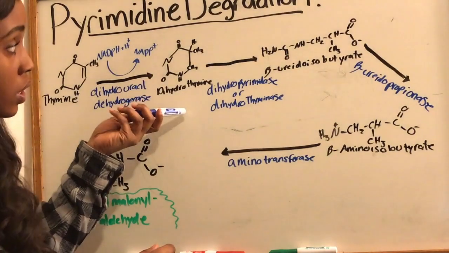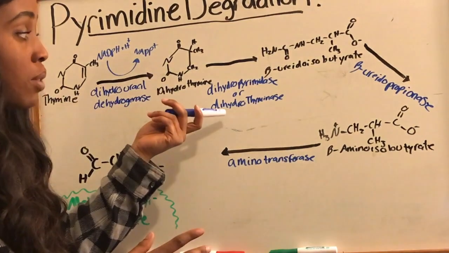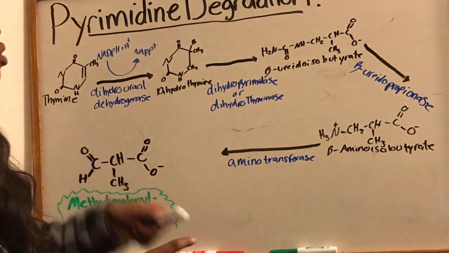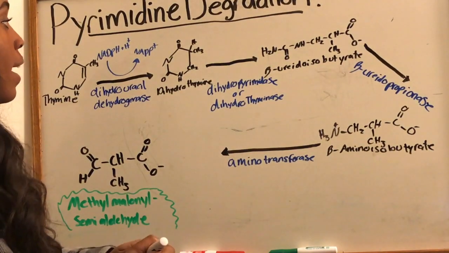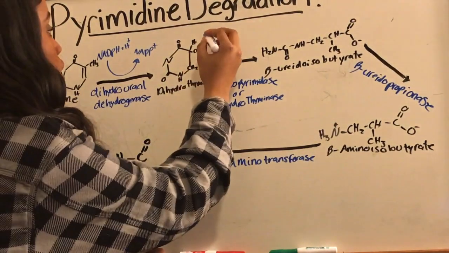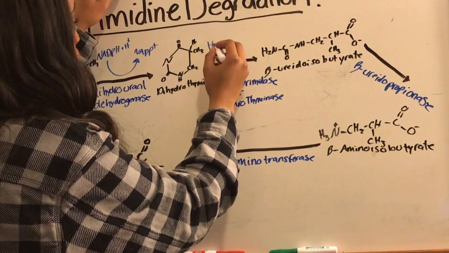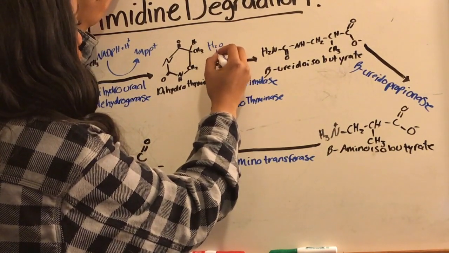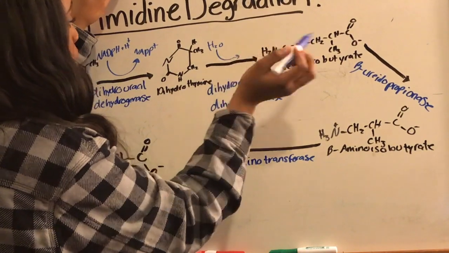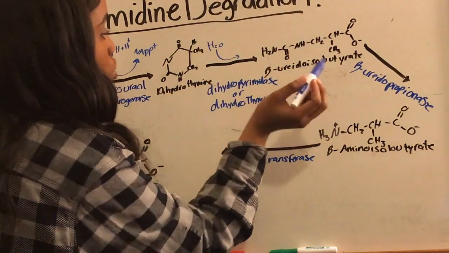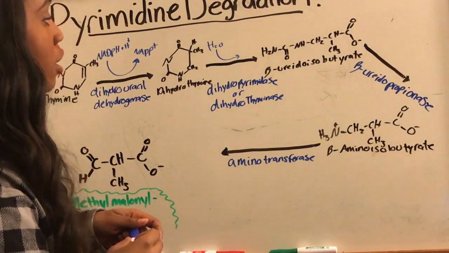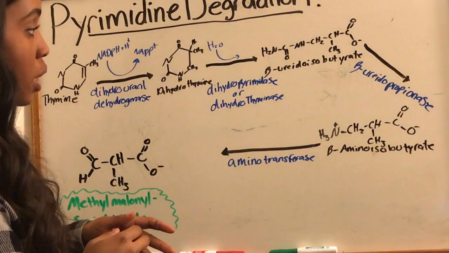So if we were using uracil, this enzyme could be referred to as dihydrouracil hydrolase, and that is going to be hydrolyzed to form beta-ureidoisobutyrate.